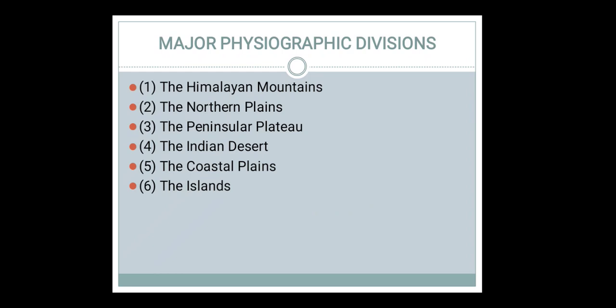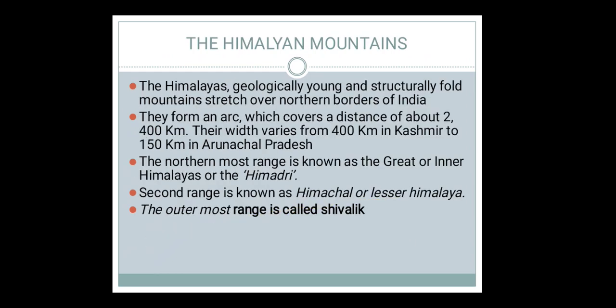So we have six types of topography found in India: number 1, Himalayan mountains; number 2, northern plains; number 3, peninsular plateau; number 4, Indian desert; and then coastal plains and island groups of India, the Andaman Nicobar Islands and Lakshadweep Islands. Now we will explain each physiographic division in detail.